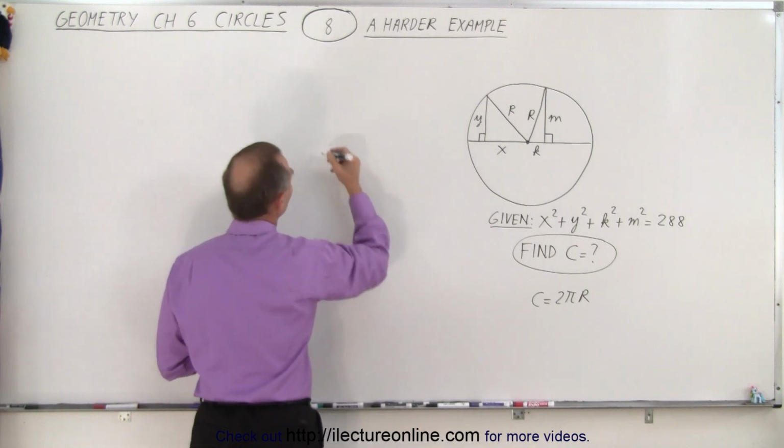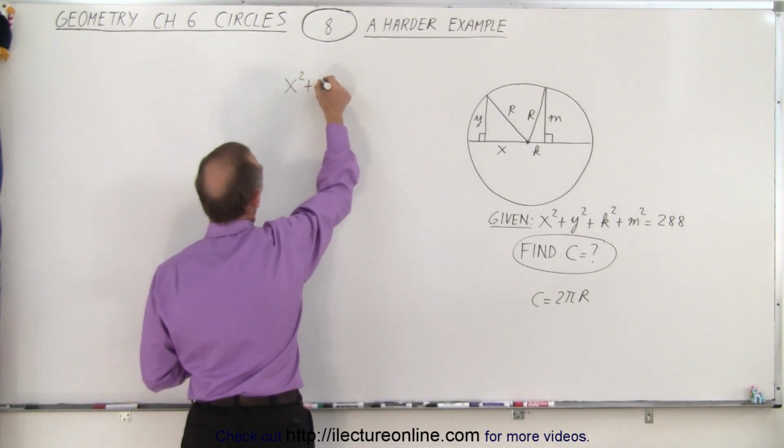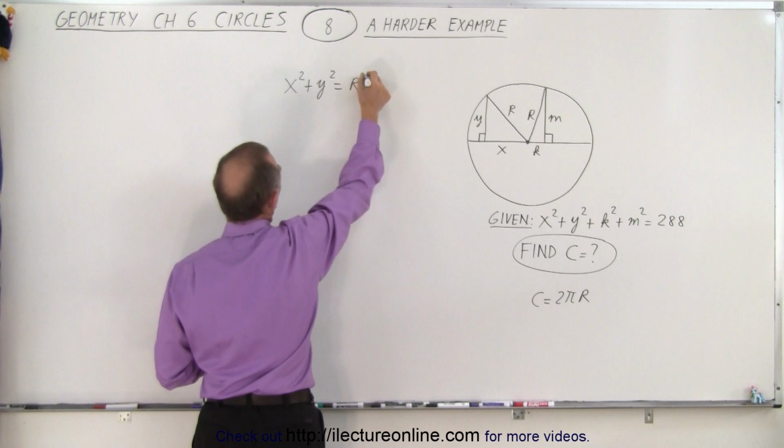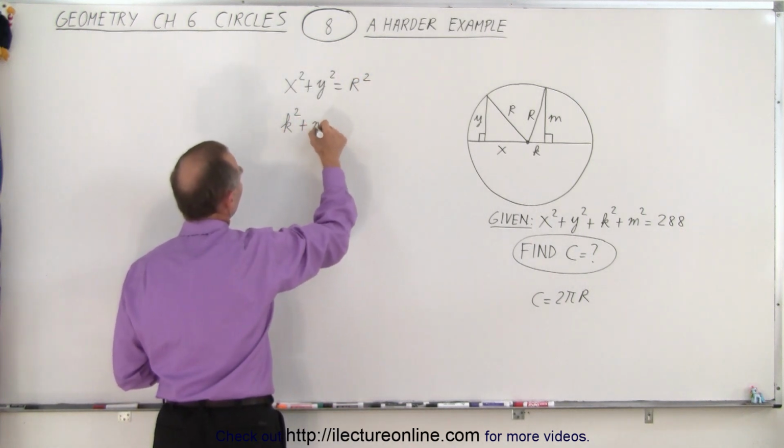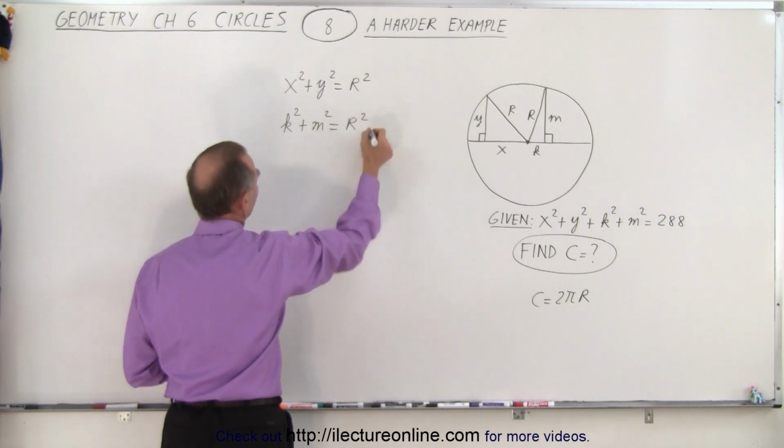So what I could say is that x squared plus y squared equals r squared. And likewise, we can say that k squared plus m squared also equals r squared.